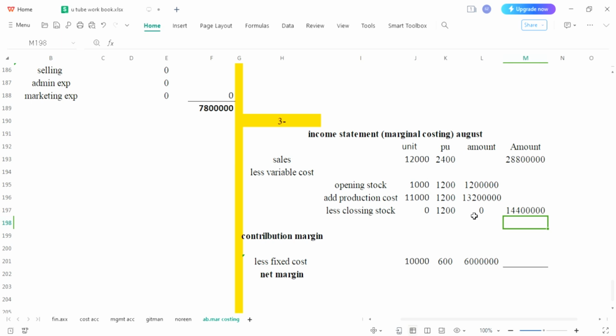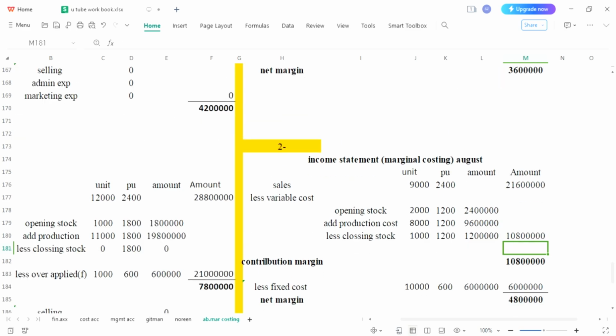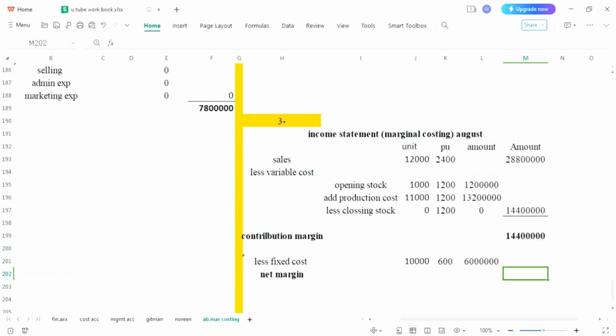Okay, now we can calculate our contribution margin, which is the difference between sales and variable cost. The amount of sale is 2880. You need to subtract the variable cost 1440. So we have got our contribution margin. After contribution margin calculation, we can calculate our net margin, for which we need fixed cost, which is 6000.